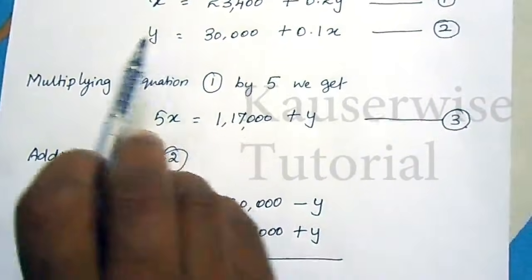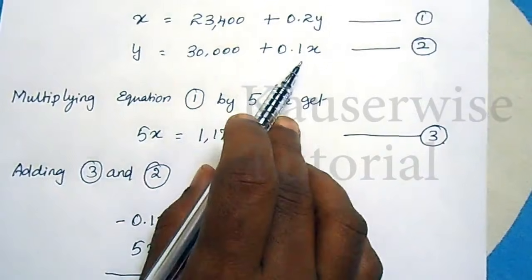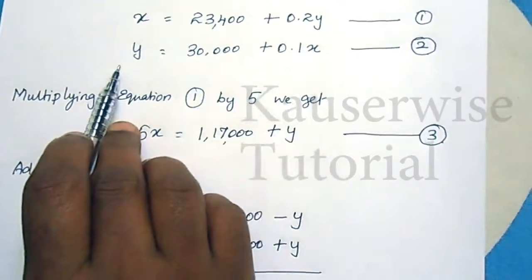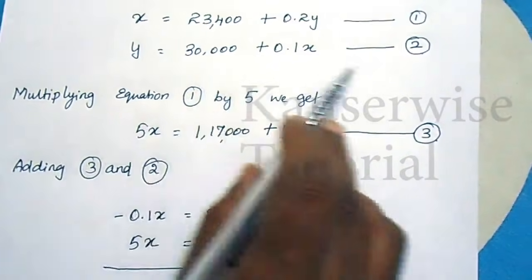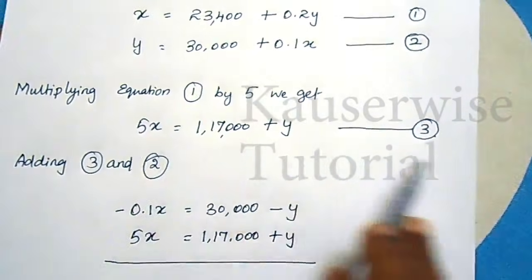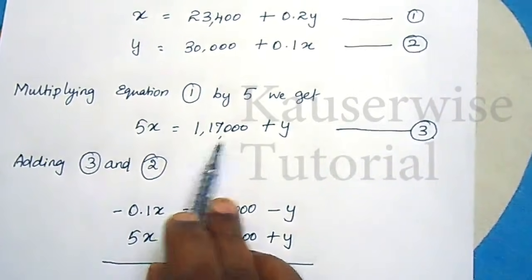In equation number 3, y is on the right hand side and x on the left hand side. In equation 2, take x to the left hand side and y to the right hand side in order to add it along with equation number 3. So equation number 3 is 5x is equal to 1,17,000 plus y.